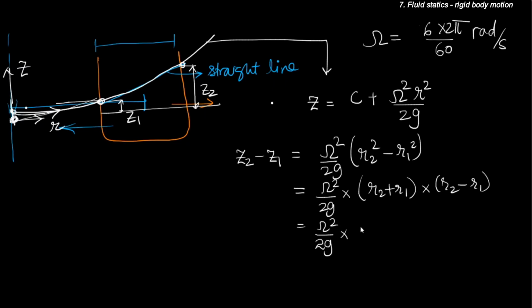Let me divide by 2, so this is r2 plus r1 upon 2, and let me multiply by 2 times the distance in the radius.